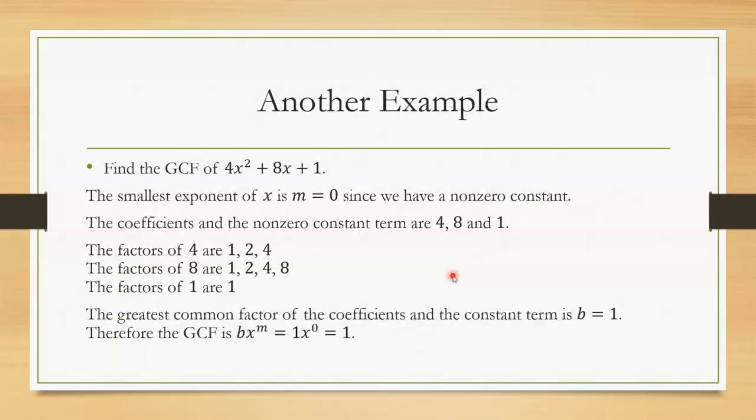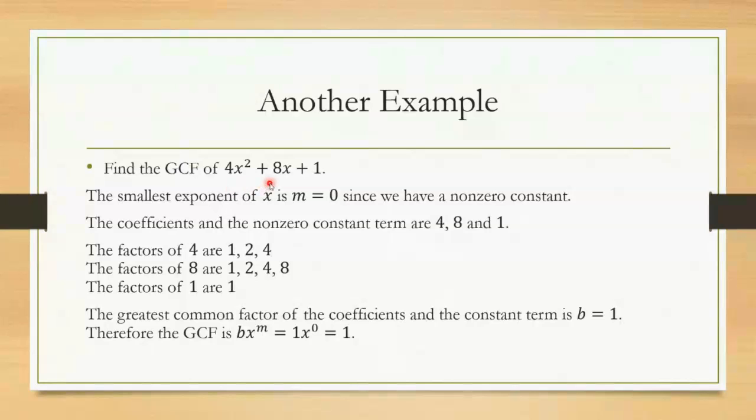This will just illustrate what I said just now, that if the non-zero constant term is 1, then the GCF has to be 1. Mostly for 1, the smallest exponent of x we could take to be 0, right? You could think of 1 as x to the 0, and then you're using this convention again.